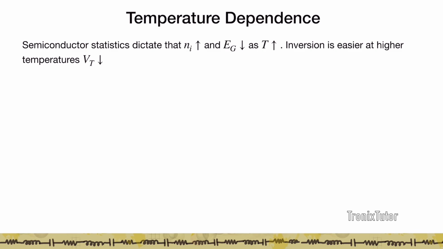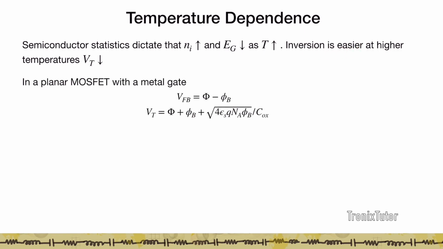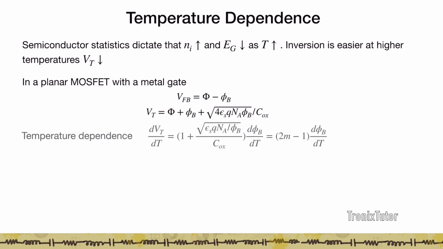Statistics indicate that as temperature increases, your Ni goes up and your Eg goes down, which means that it is easier for the MOSFET to be inverted at higher temperatures, or in other words, the VT of the transistor reduces. So in general, we see that there is a weak function of VT as a function of temperature, and the VT of the transistor reduces as you increase the temperature of the device.